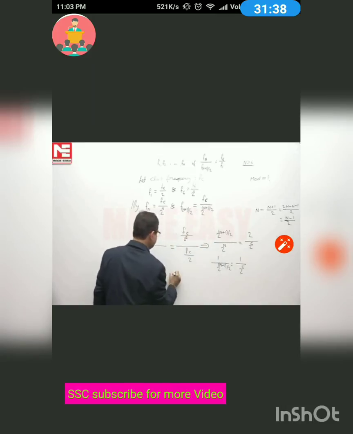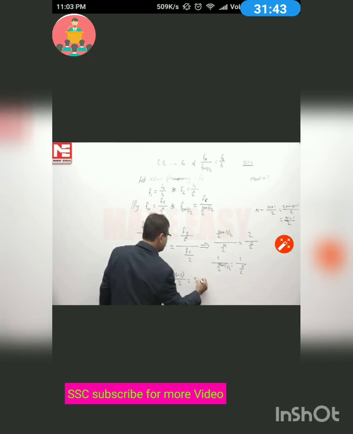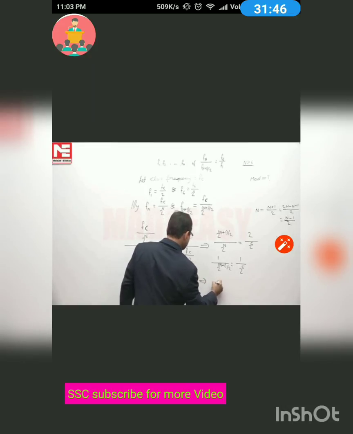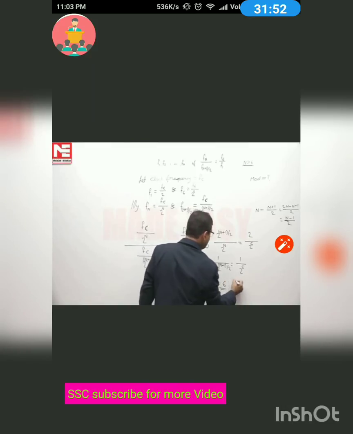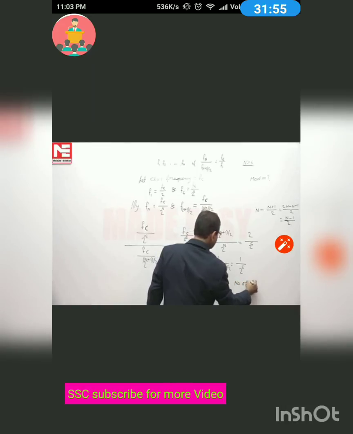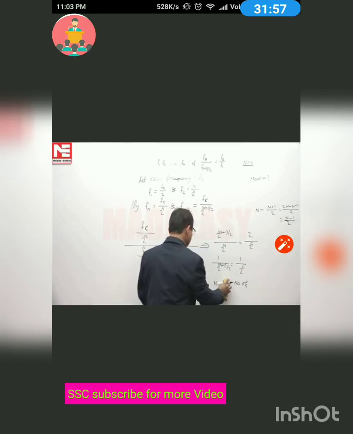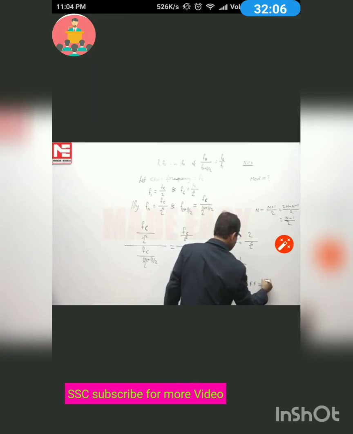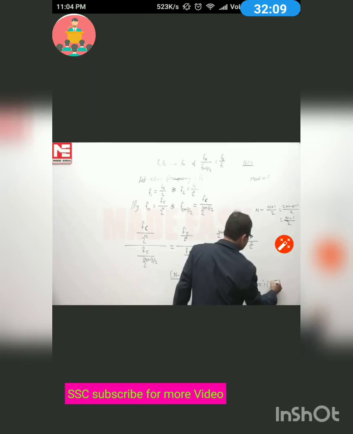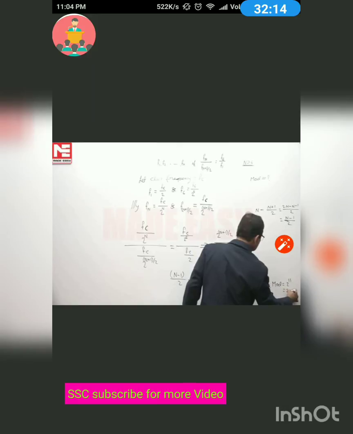So that (n minus 1)/2 is equal to 5. If you evaluate this, n is coming to be 11. So the number of flip-flops used in the counter is 11. Hence the mod value will be 2 to the power of 11. So 2048, the answer is 2048.